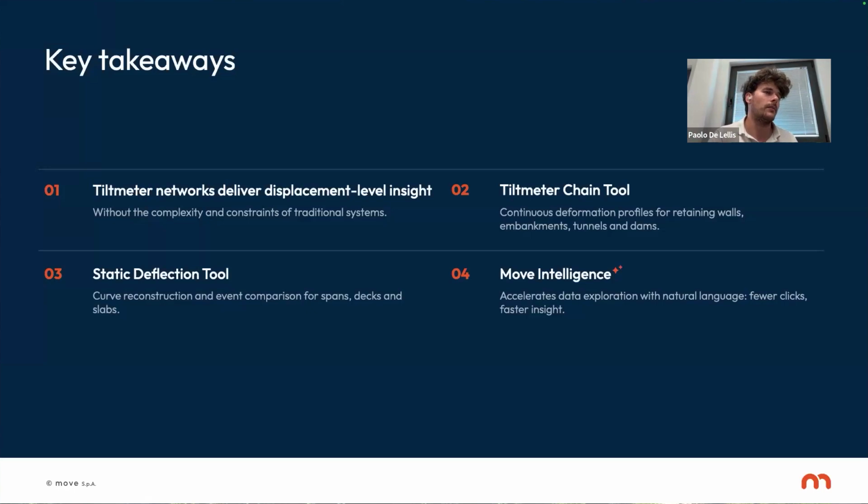But I want to have, for example, more intelligence, because our goal is to give to the customer not only a hardware solution or a software solution, but a solution that allows you to understand very quickly the response of your structure for the different conditions. So different levels of access to the data, and that you can read directly in raw data, but also analyze with the different tools that you find in our platform.